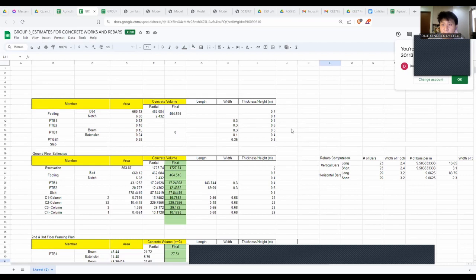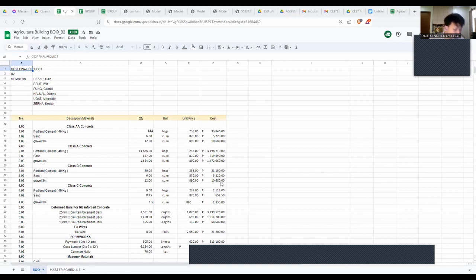So, hello guys, my name is Delgan Licio Cesar, and here I'm going to explain the estimate for the agriculture building. So first, I got the concrete needed for the whole building.